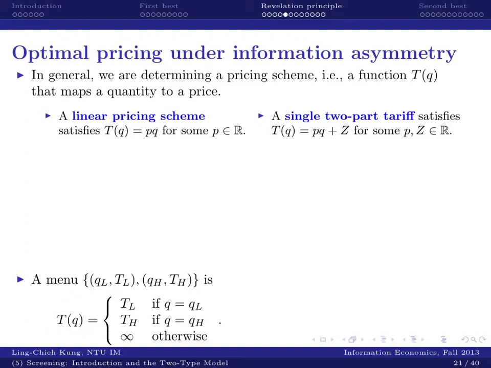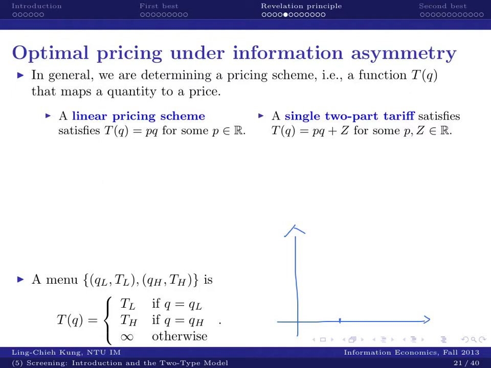That's another option. And the menu we just mentioned, these two contract menu can be implemented again as this general function. You just need to say, if you choose these two quantities, you have these respective payments. And if you choose anything else, you're going to pay me infinity. Or somehow that just means I don't want to sell you any quantity other than these two quantities. If you want to draw a figure, it will be something like this.